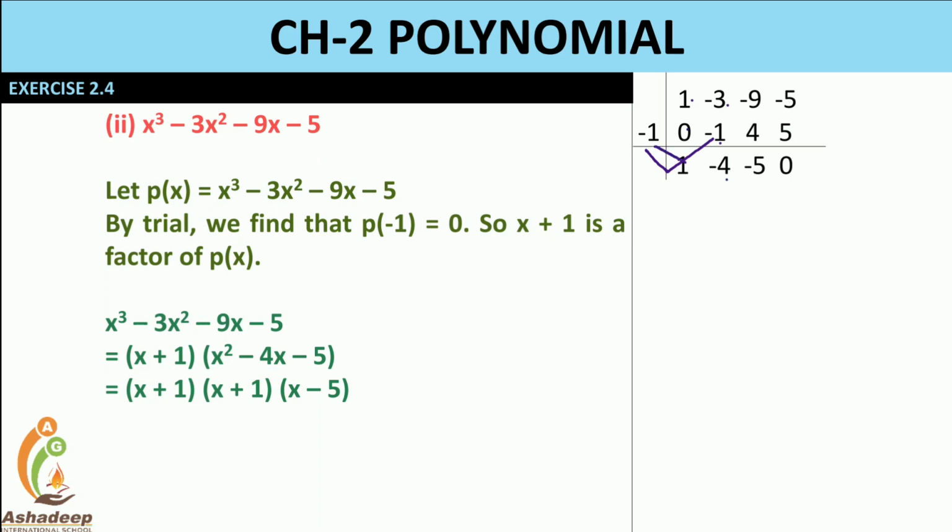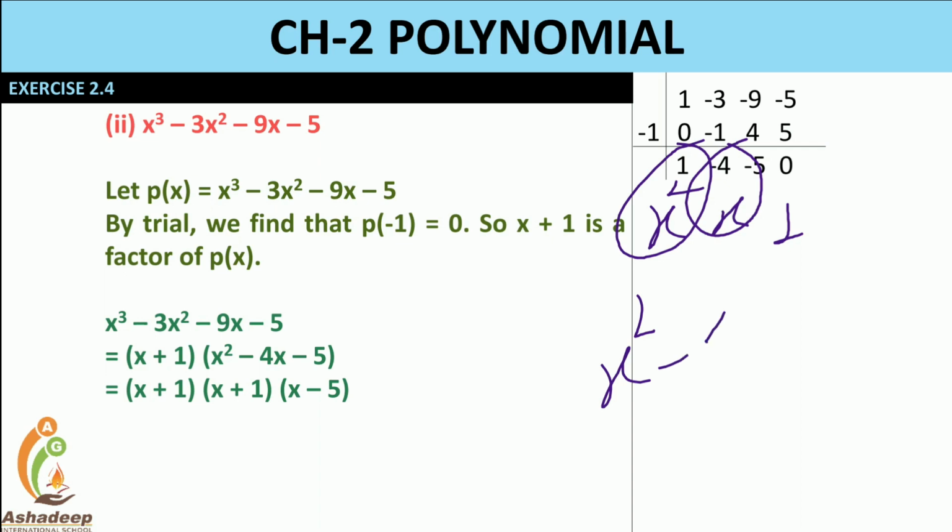Now minus 1 into minus 4 is plus 4, so minus 9 plus 4 is equal to minus 5, minus 1 into minus 5 is plus 5, minus 5 plus 5 is 0. Now what I have to do is x square, x and 1: x square into 1, x square, minus 4 into x, minus 4x, and minus 5 into 1, minus 5.